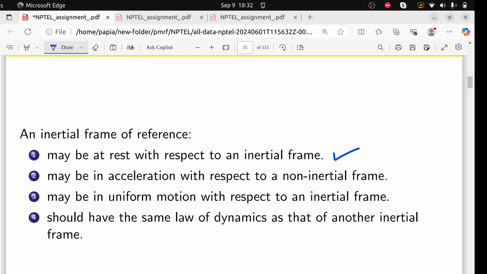Maybe in acceleration with respect to a non-inertial frame, no, that is not correct. Maybe in uniform motion with respect to an inertial frame, that is also correct. Should have the same law of dynamics as that of another inertial frame.